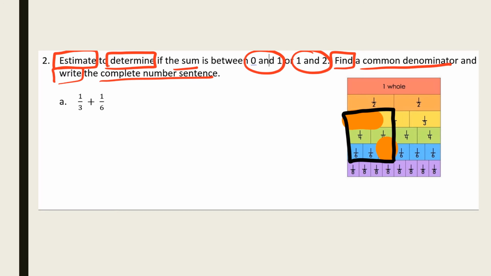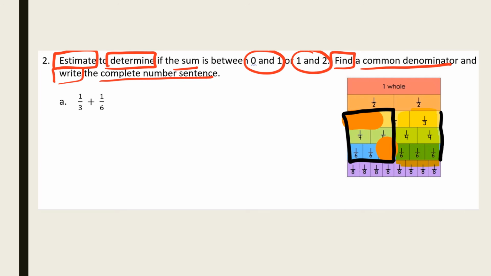So if I'm putting 1/3 and 1/6 together, I'm still not all the way to the other end to reach 1 whole. I haven't made it there yet. I still have a big section missing. So I know my answer is going to be less than 1 whole. But before I can add to make sure, I need to find that common denominator.